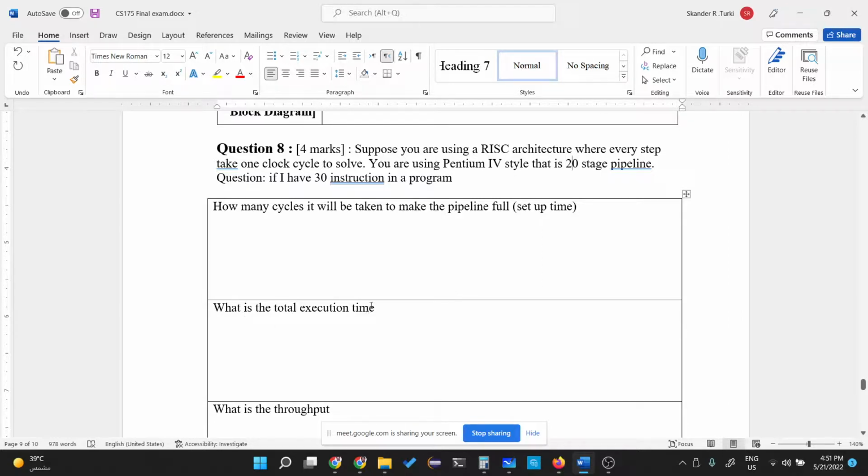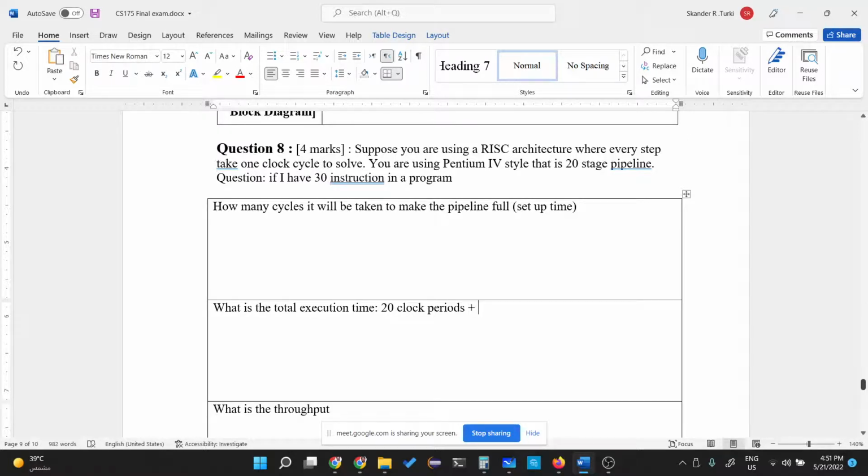What is the total execution time? I think here they mean the total execution time of the 30 instructions. So we said that we need 20 clock periods to set up, to fill the pipeline.